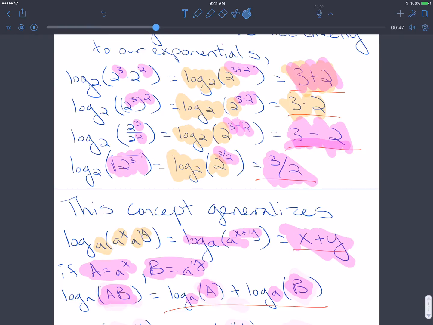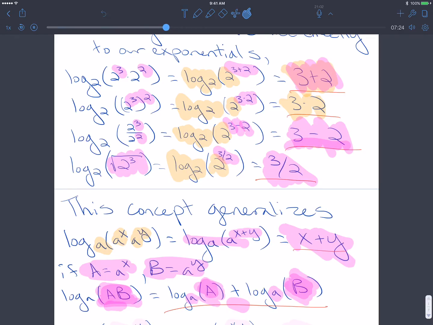And so my x plus y can be represented through the actual value of a to the x and a to the y as: any time I take a logarithm of A times B, that's the same as that same logarithm of A plus that logarithm of B. So this is the general version of the concept that extends from the fact that multiplication becomes addition. So when we take this logarithm, the multiplication inside becomes addition outside.